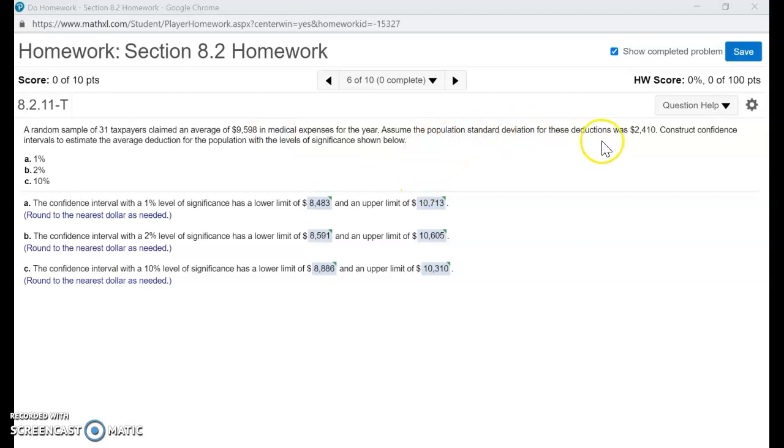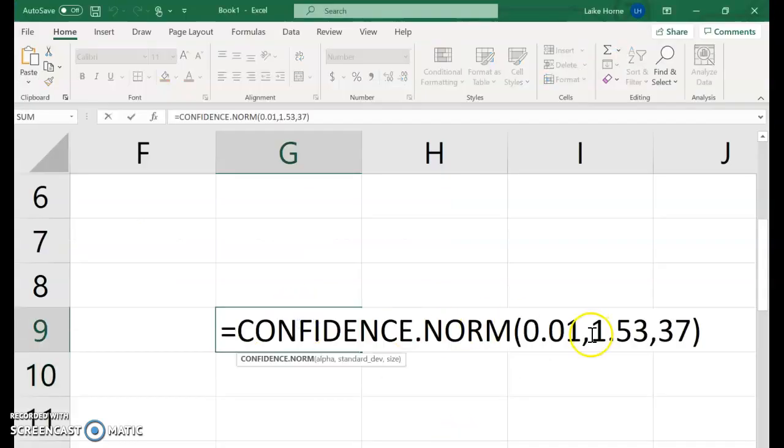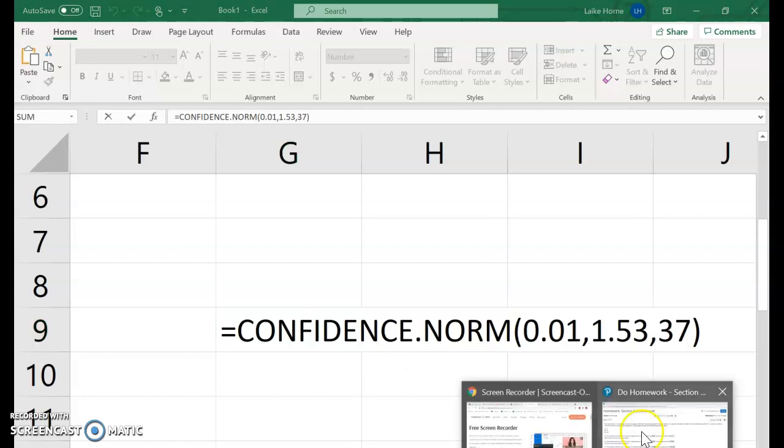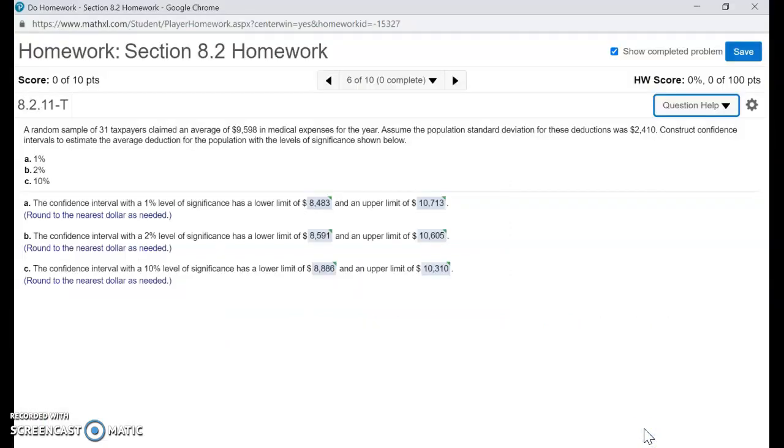And then the population standard deviation, you will need that for Excel. So let's calculate our margin of error. Alpha is still 1% here, but we need 31 for N and 2410 for standard deviation.